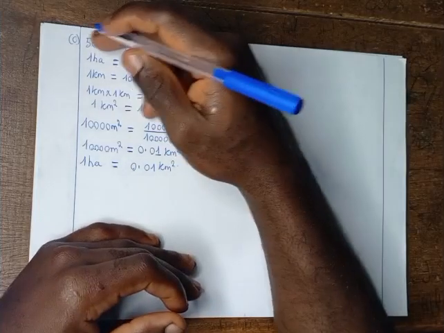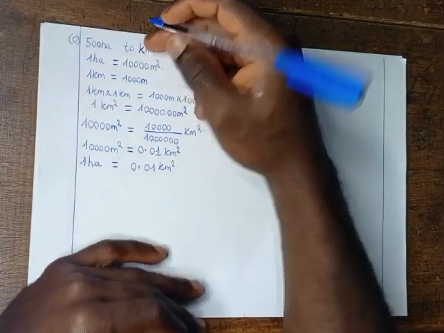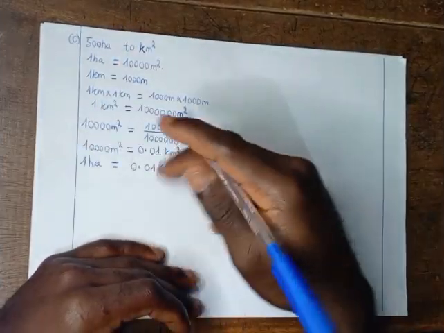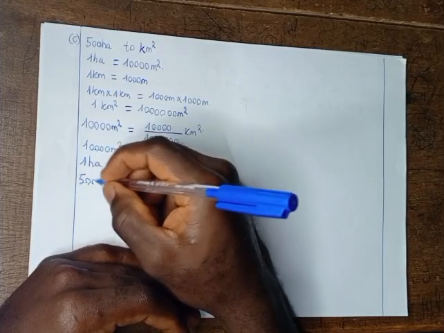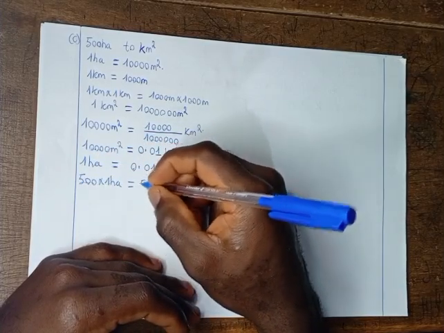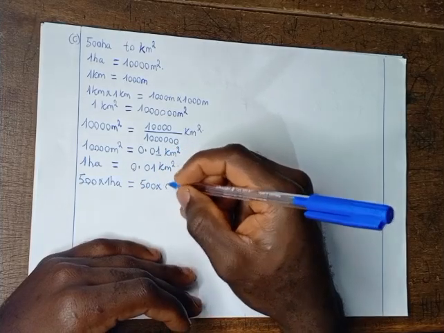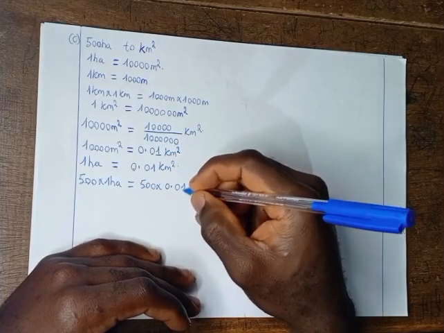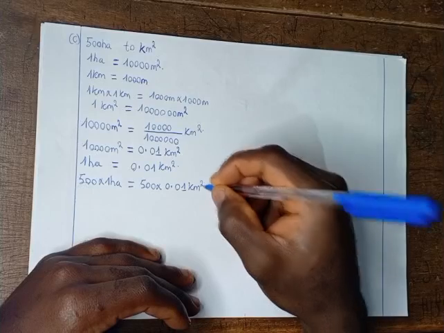For us to convert 500 hectares to kilometers squared, we are simply going to multiply both sides here by 500. So we take 500 times 1 hectare, it will equal 500 times 0.01 kilometers squared.